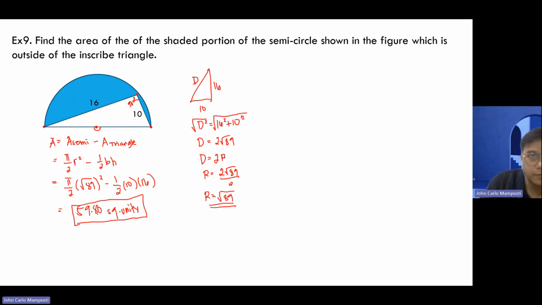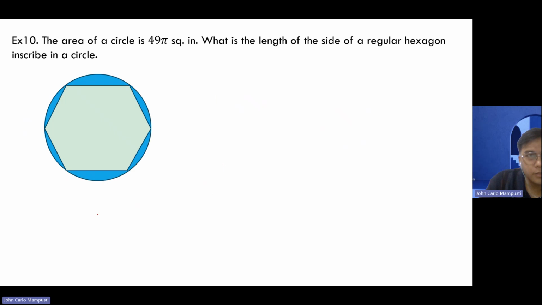Okay, copy mo na. Next one, we have the area of the circle, which is equal to 49 pi. And we're going to get the length of the side of the regular hexagon.